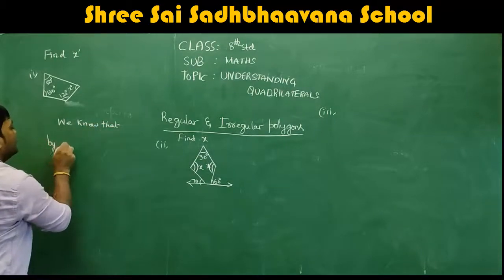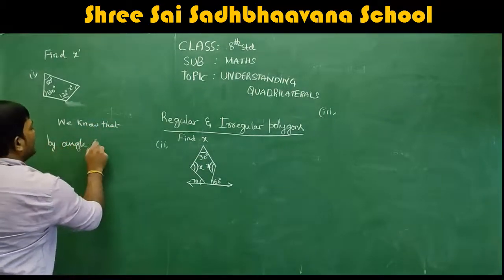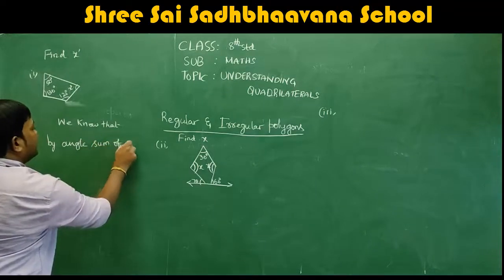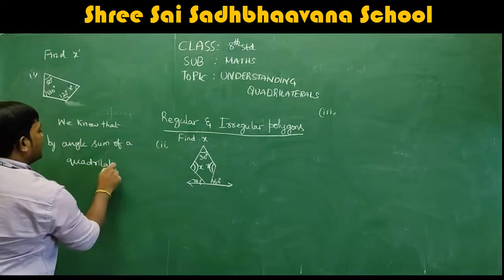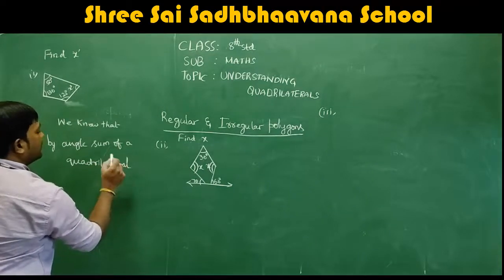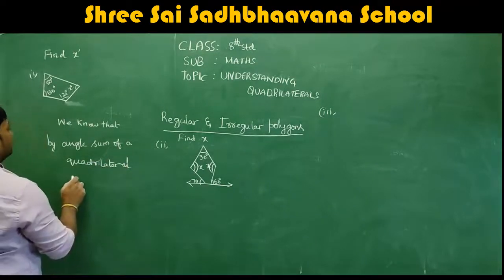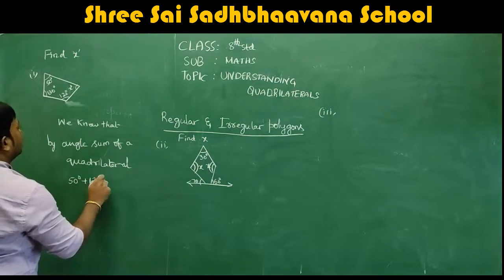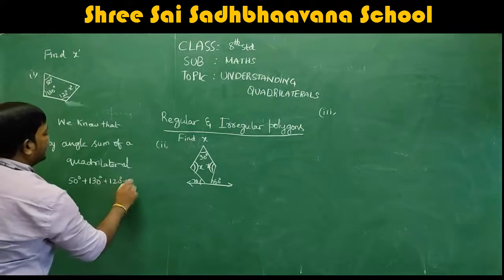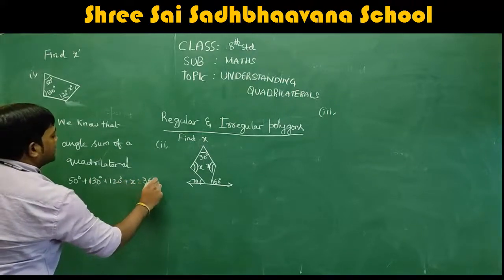So we know that by the angle sum of a quadrilateral, we can write 50 degrees plus 130 degrees plus 120 degrees plus x is equal to 360. Can we write that?